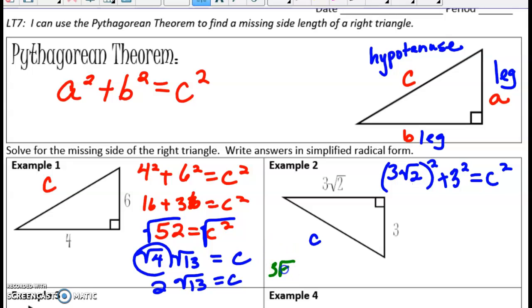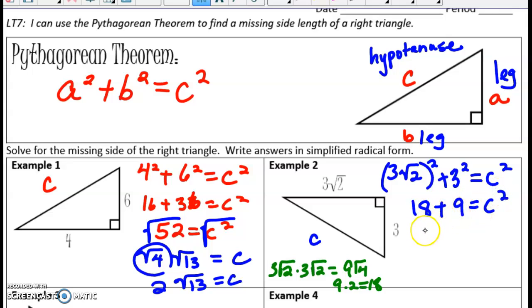3 root 2 squared just means 3 root 2 times 3 root 2, which is 9 root 4. We know the square root of 4 is 2, so that's going to be 18. But that Casio will do that. I think all the calculators will do that if you put that in parentheses. So this will be 18 plus 9.